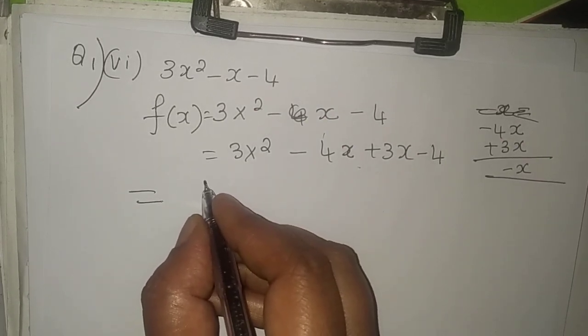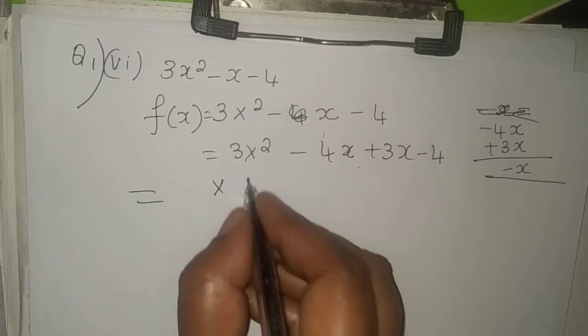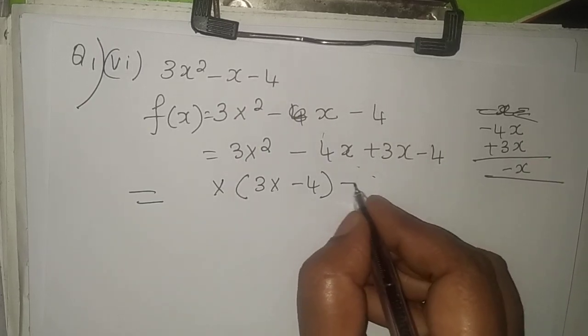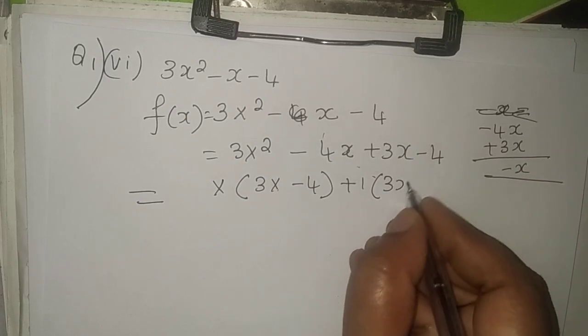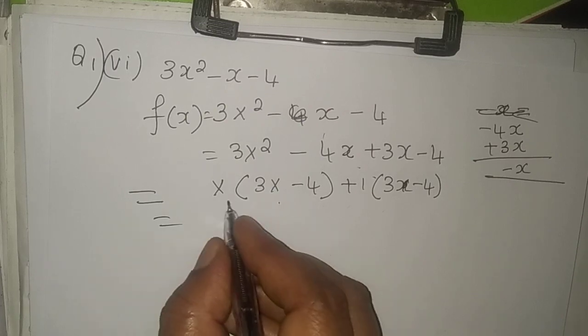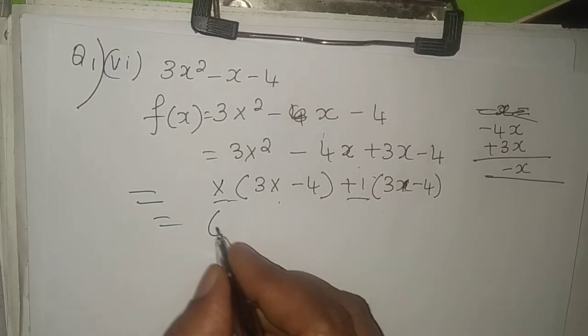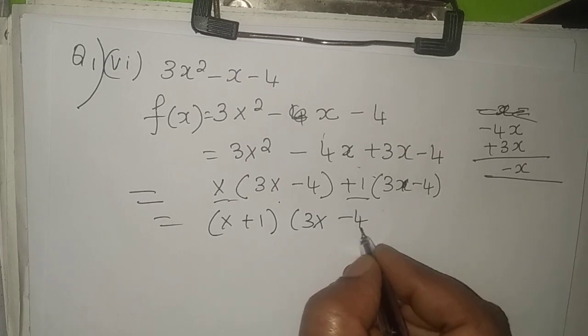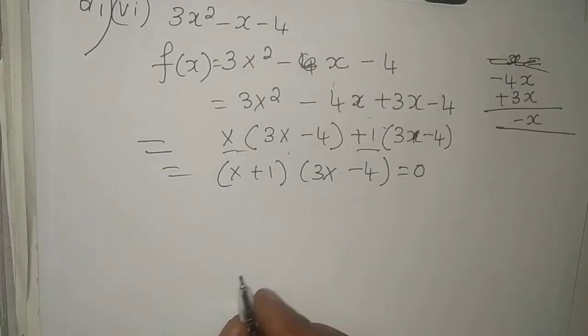Now we'll take x as the common factor, then 3x minus 4 remains the same. Here we'll take 1 as the common factor, 3x minus 4 remains. Then we write x plus 1, 3x minus 4 is equal to 0.